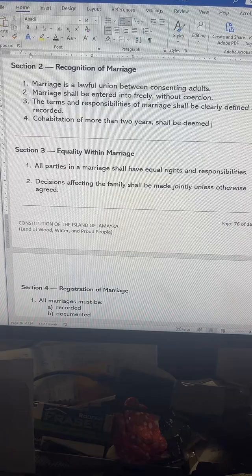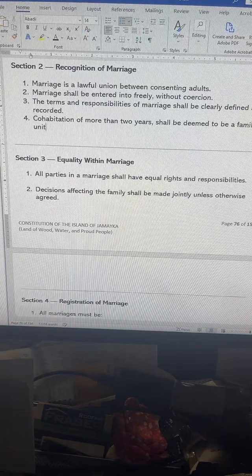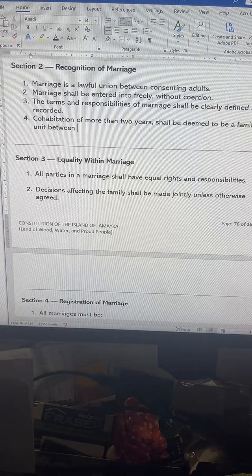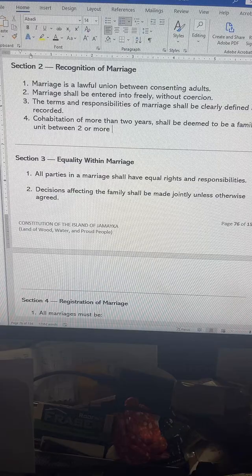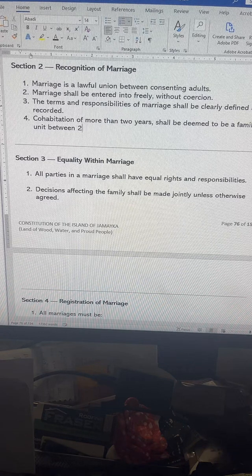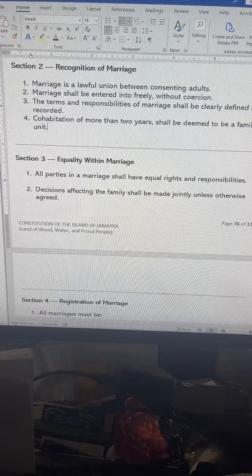Shall be deemed to be a family unit between 2 or more, deemed to be a family unit.